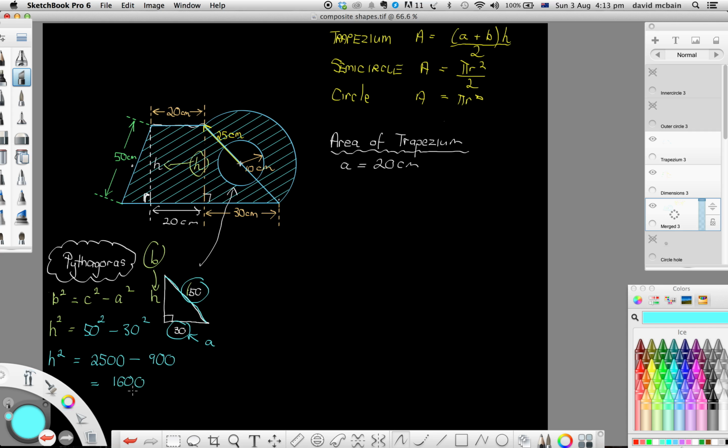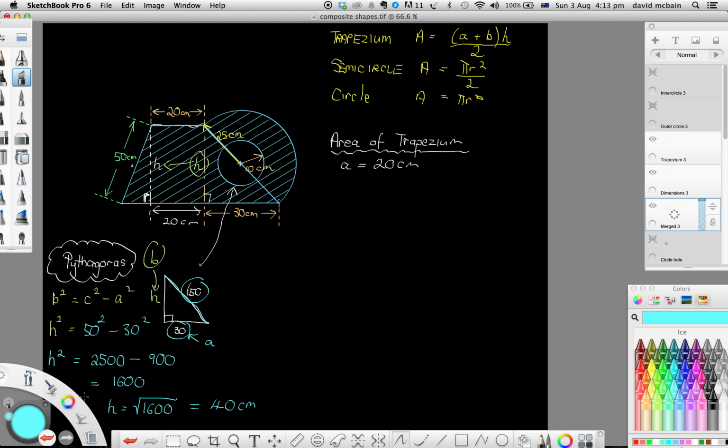So h squared equals 1,600. Therefore, h will equal the square root of 1,600, which is 40. So we've now worked out that the height of this triangle, and the trapezium, is in fact 40 centimetres.